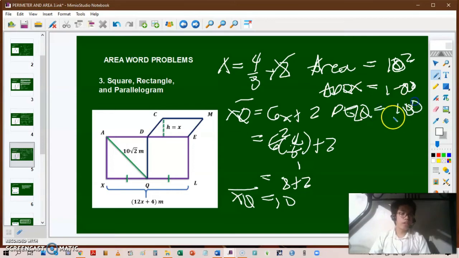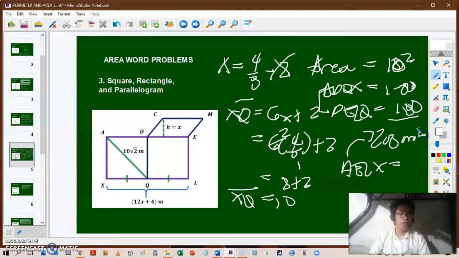And therefore, our rectangle here, which is the sum of the areas of the two squares that we have, is 200 meters squared. So the area of the rectangle AELX is 200 meters squared, the area of ADQX is 100 meters squared, and the area of DELQ is 100 meters squared also. Now we need to find the area of the parallelogram.